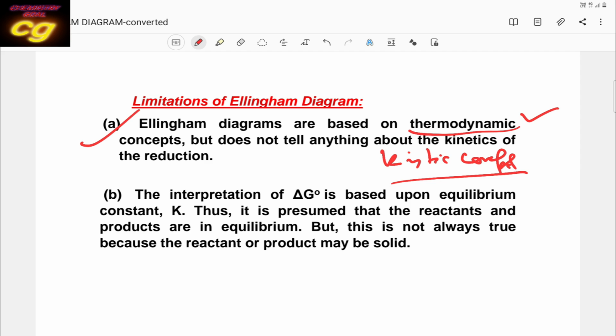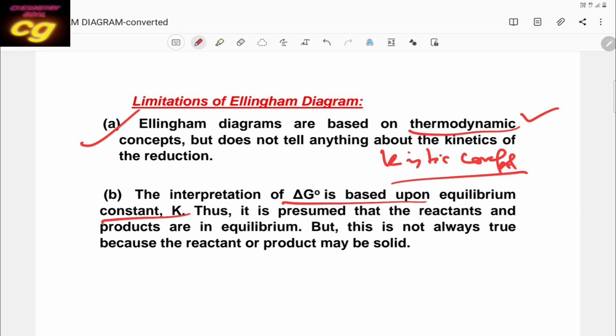Then another concept is that del G is based on the equilibrium constant. It is presumed that reactant and product are in equilibrium, but this is not always true that every reaction will be in equilibrium.